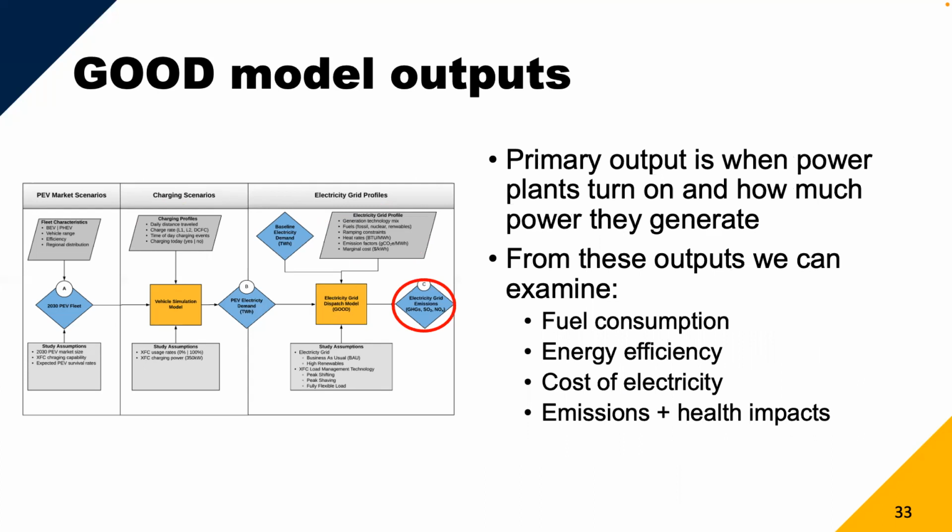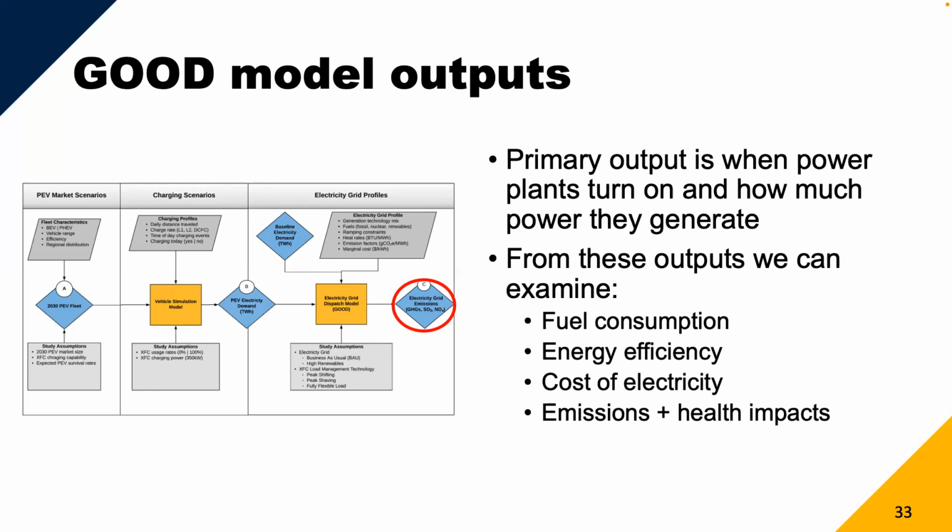The things we were able to look at: fuel consumption, energy efficiency, cost of electricity. But the big one for this particular project was emissions and health impacts. We can see how CO2 and other pollutants, NOx, SOx, carbon monoxide, H2S, change every time someone plugs in an electric vehicle.